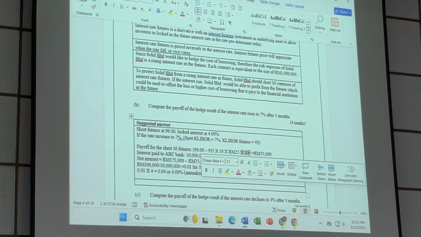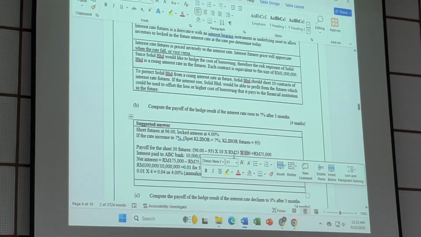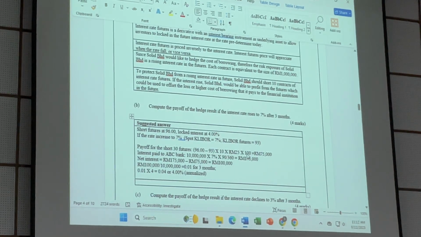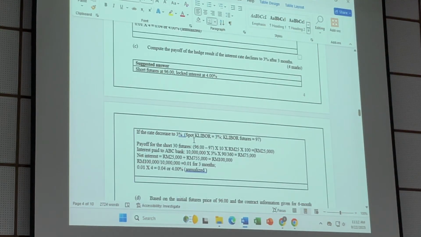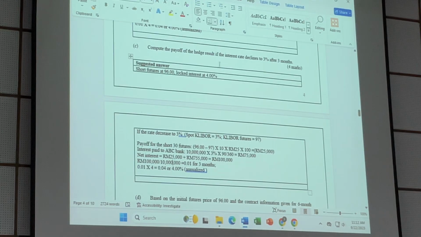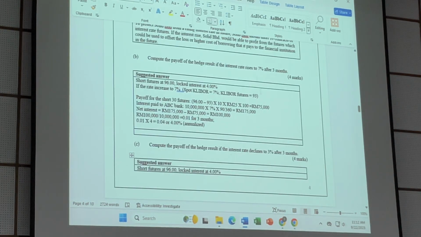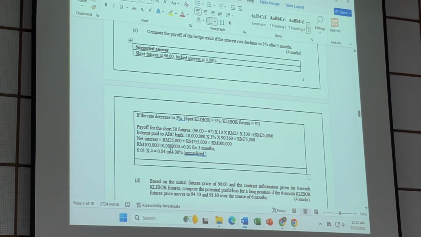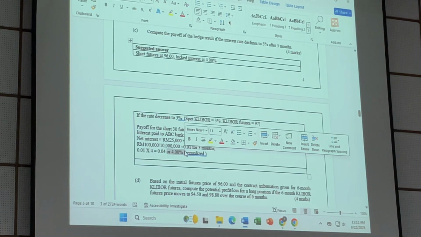No matter 6 months or 3 months, you need to times 100. So at the end, this one also you can get back the same answer. Rate increase or rate falls down, no issue, the answer will be the same.